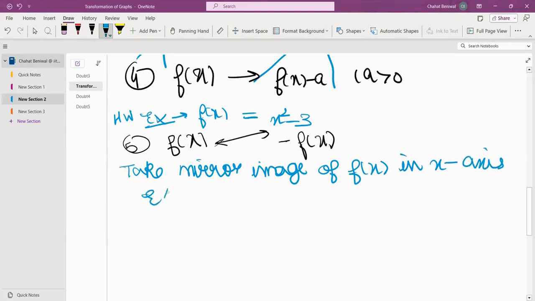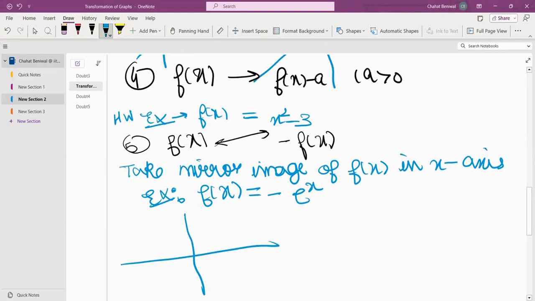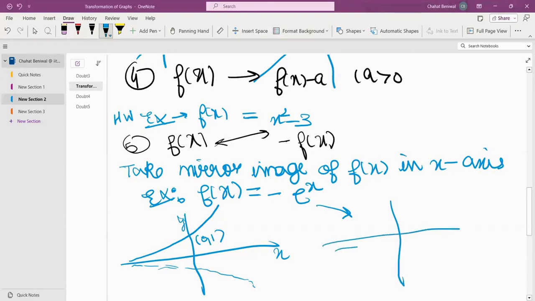Let us take an example in which we take f(x) as minus e raised to the power x. So firstly, let us draw the graph of e raised to the power x, which will go like this. Now how we are going to make the graph of minus e raised to the power x is we are going to take its mirror image about x-axis, which is like this. So our final graph is going to be like this.